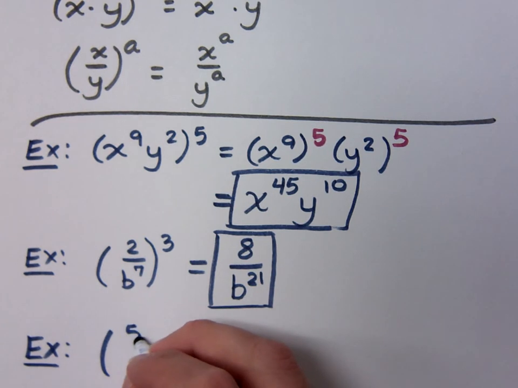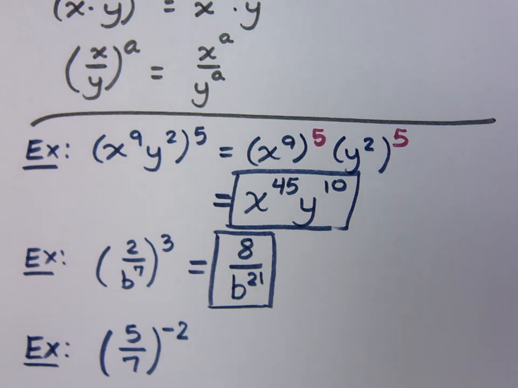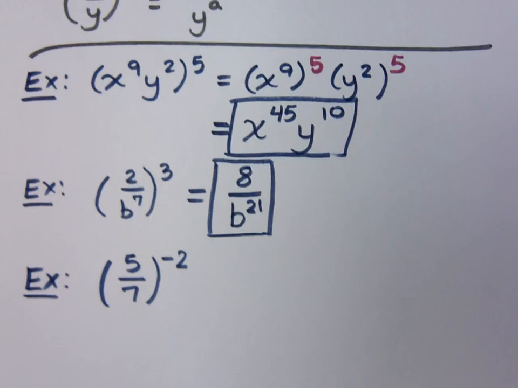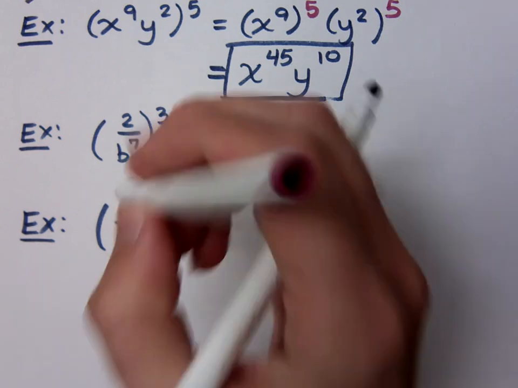Well, if I have 5/7 to the negative 2nd power, the problem that a lot of us have with this expression is that there are fractions and there are negative exponents, but we can rewrite this. Now, I said before that with a negative exponent, you would put it on the other side of the fraction bar, right? But here's something else I want you to understand.